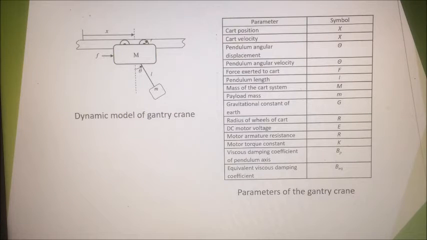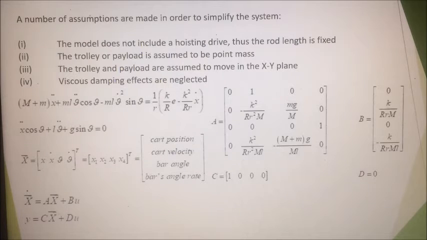As you can see, the first 5 variables are the manipulated variables related to this gantry crane system, while the rest are constant variables that have been assumed to be constant throughout the system, throughout the experiment. A number of assumptions have been made in order to simplify the system.